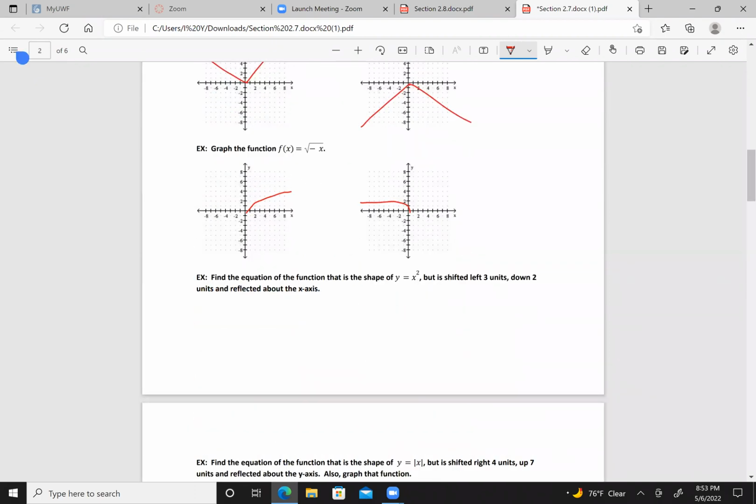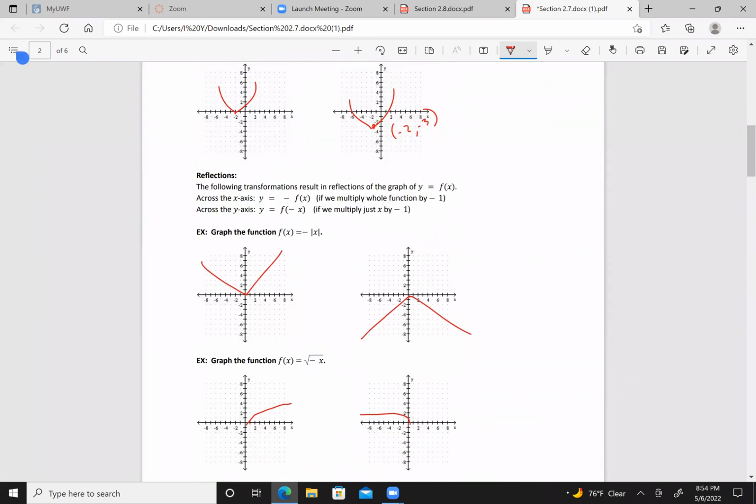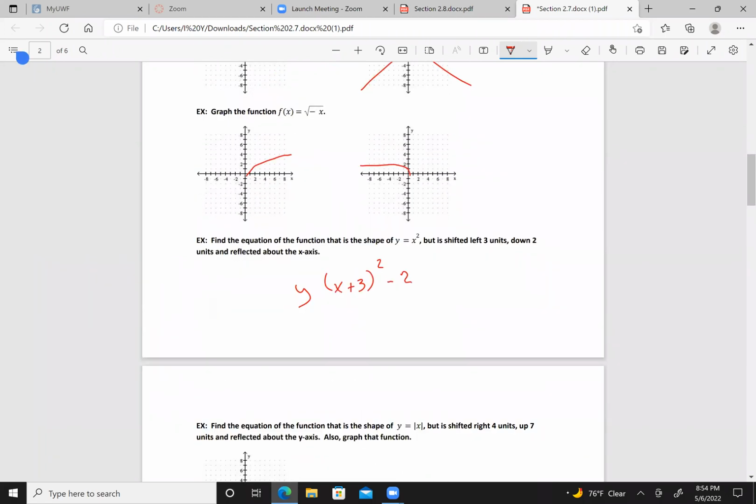So to shift left, we're talking (x plus 3) squared. Then shifting down, we simply subtract 2. Now we want to reflect across the x-axis. So we want to take the negative of the whole thing. So y equals negative (x plus 3) squared minus 2.